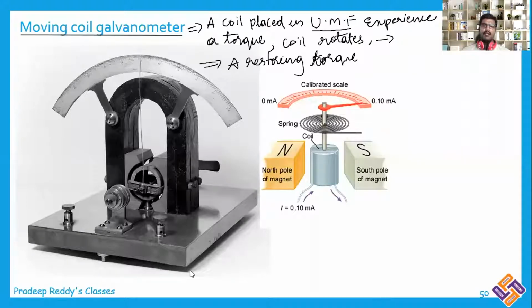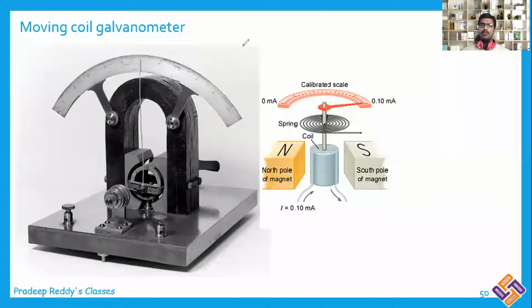So what is the principle? Whenever a current carrying loop is placed in an external magnetic field, it will experience a torque. Because of the torque, it undergoes rotation, and in order to oppose that rotation, we attach the coil to a spring, and that spring produces a restoring torque on the coil.